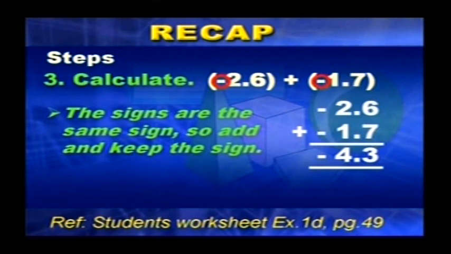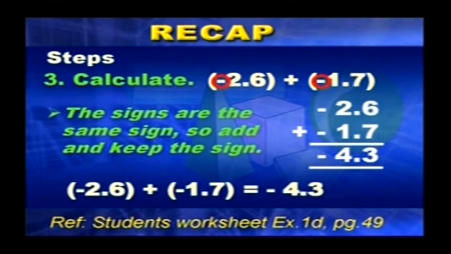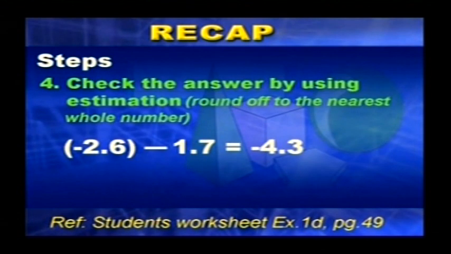Now, what is the final step? As soon as you do the long addition, you get your answer written out like that. And finally, step number 4, you estimate. When you are estimating, you check the answer by rounding off the decimal numbers to whole numbers. So negative 2.6 becomes what?